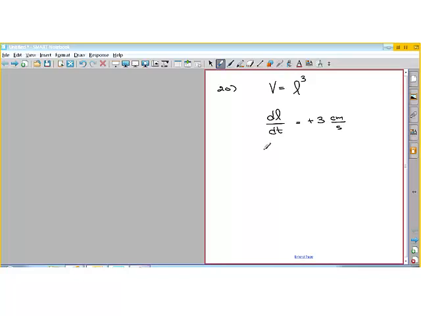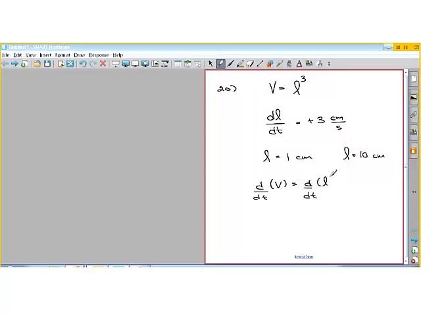And we're asked to look at two values of L. So L is 1 centimeter, and L, second choice here, is 10 centimeters. So we take the original equation and take the derivative with respect to time for each part.